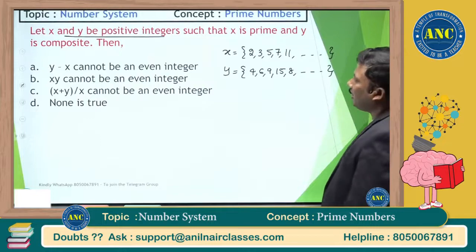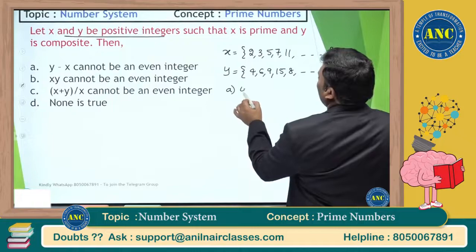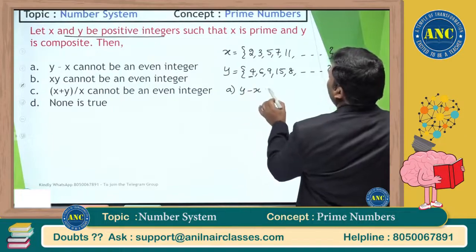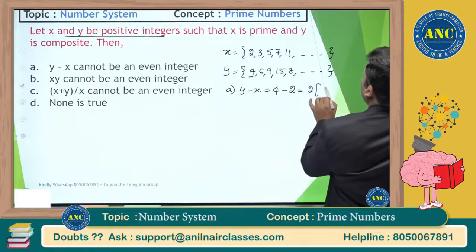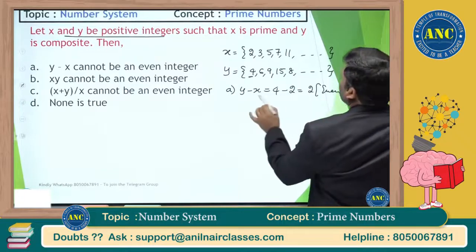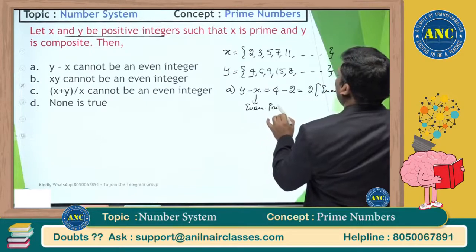Y minus x cannot be an even integer. First one. If I take y as 4 and x as 2, 4 minus 2 is 2. It can be even. A prime number can be an even prime or an odd prime.